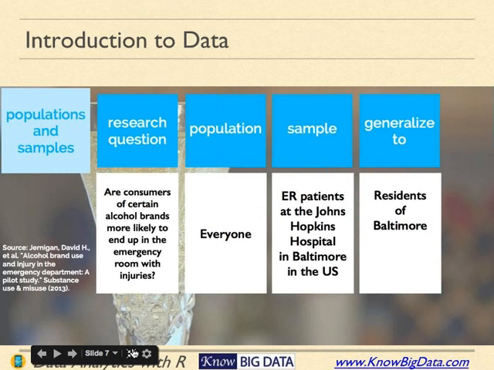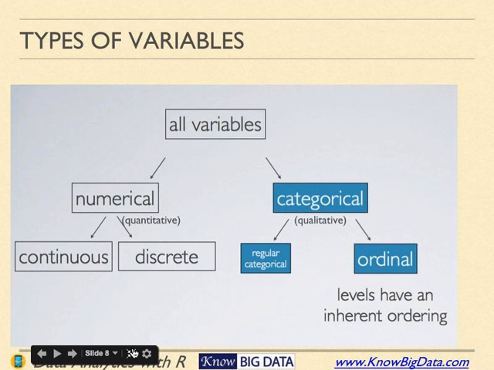Then comes your population. Who does my question apply to? Is it only applicable to American, Russian, or Chinese? Who is my target audience for my research question? Third is the sample. Now, fine, we are happy that we have picked this kind of research question for that kind of population.